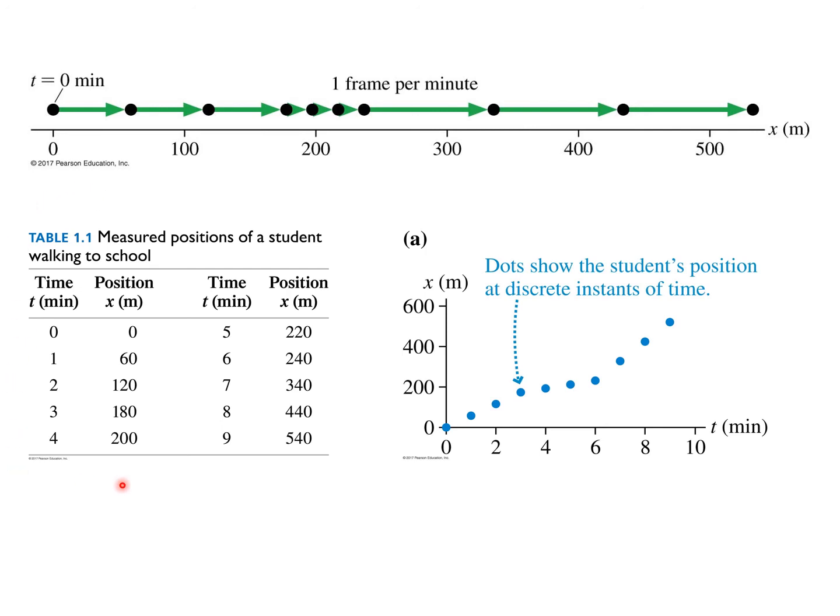Now, here I have a table that tells me where these data points are located. Time is 0 at 0. A minute later, I'm at 60 meters, and then 120 meters, and then 180 meters, 200 meters, and these are the times that correspond to the position.